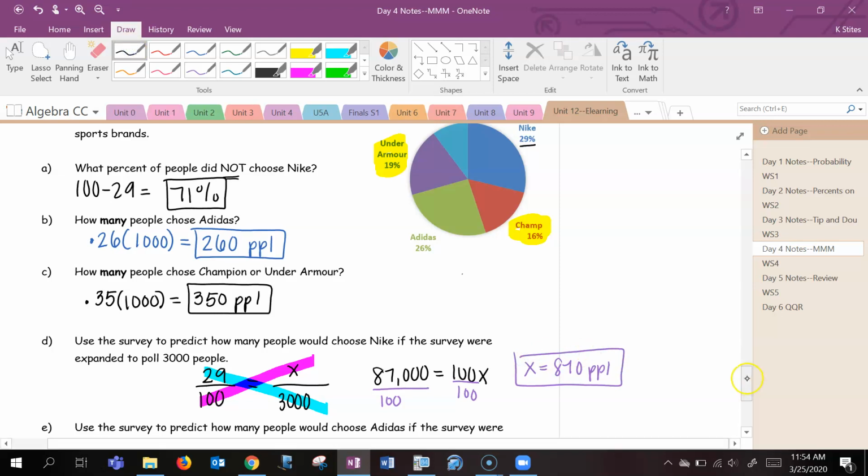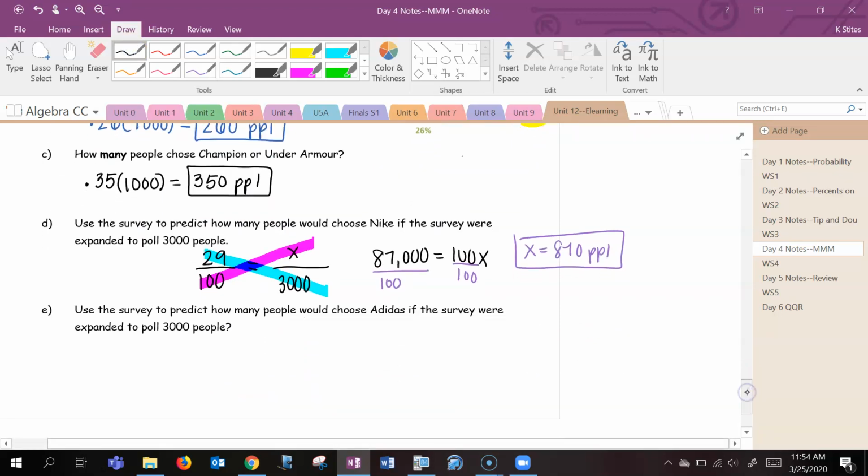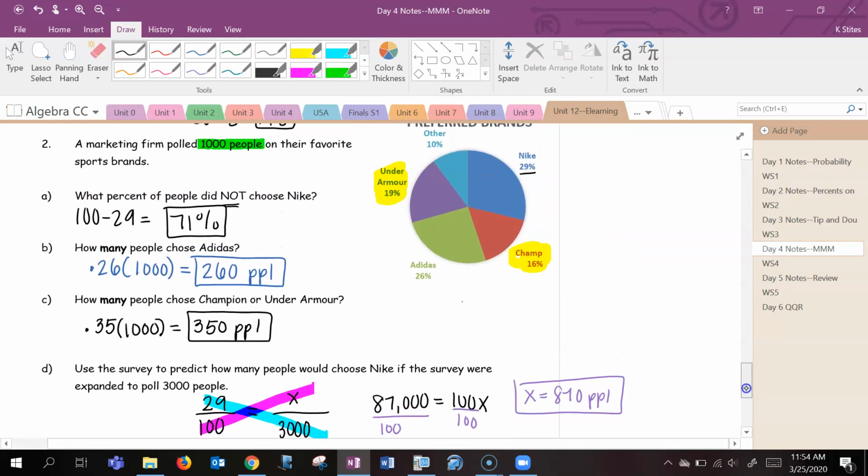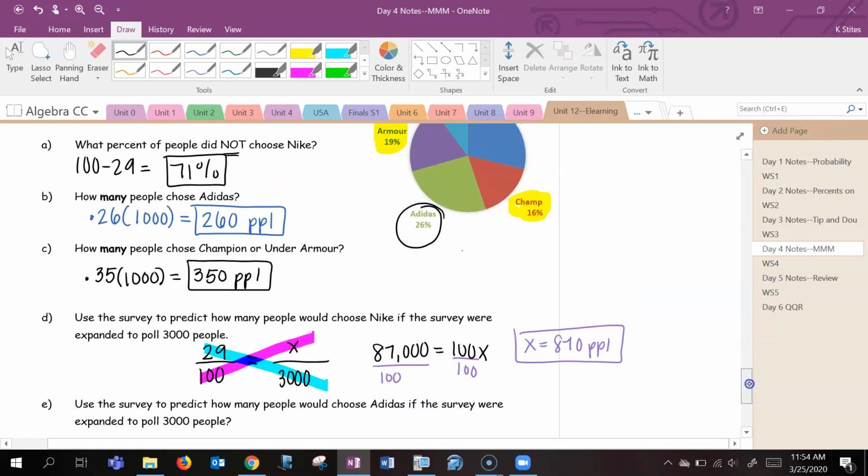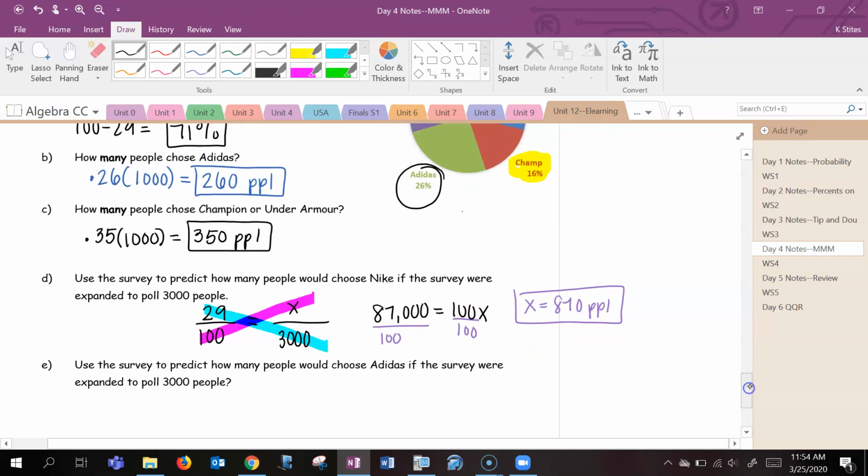All right, let's try that one more time. Use the survey to predict how many people would choose Adidas if the survey were expanded to poll 3,000 people. So Adidas is 26%. Now you have two options here. We can either say 26 out of 100, like we did up here.